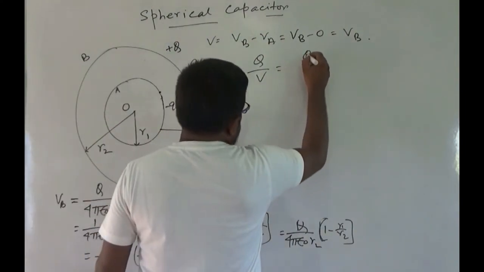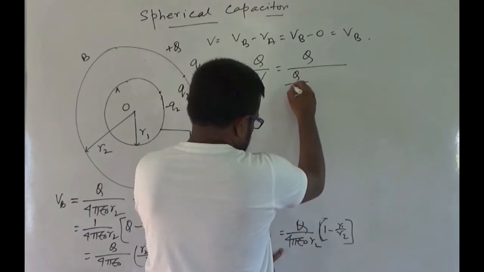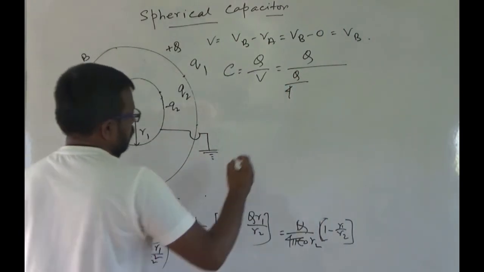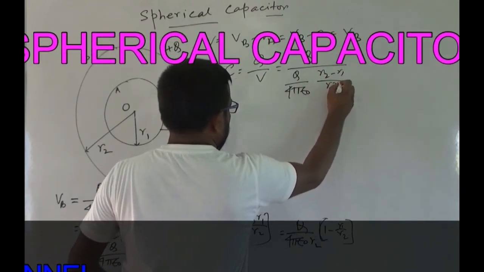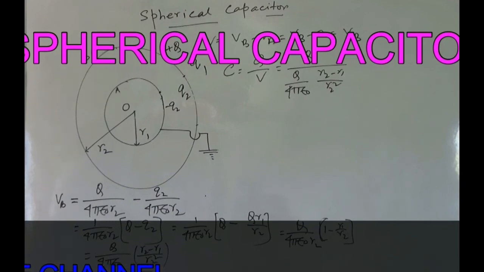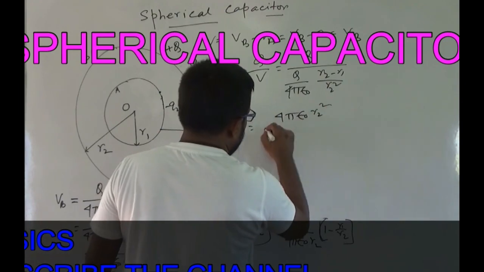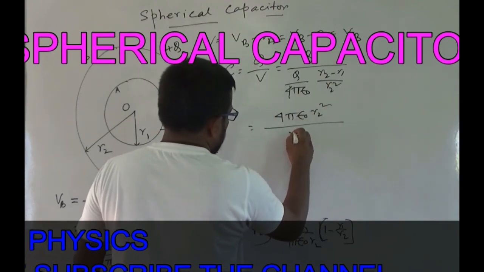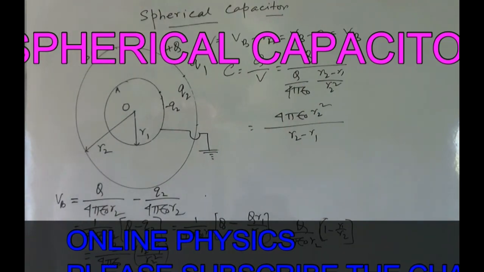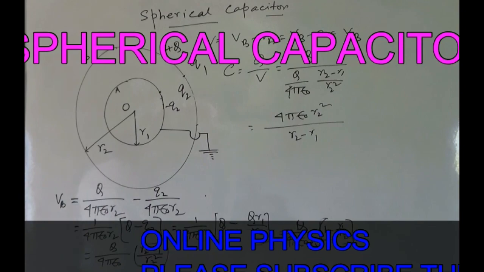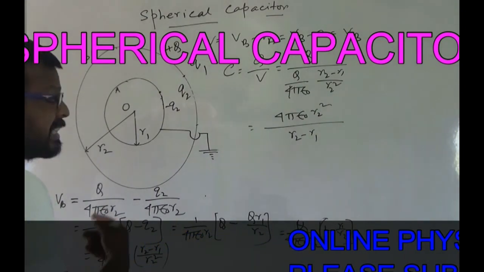Q divided by Vb is equal to Q divided by Q times R2 minus R1 by 4 pi epsilon naught R2 square, or you can write 4 pi epsilon naught R2 square divided by R2 minus R1. This is the capacitance of a spherical capacitor when its inner sphere is grounded.